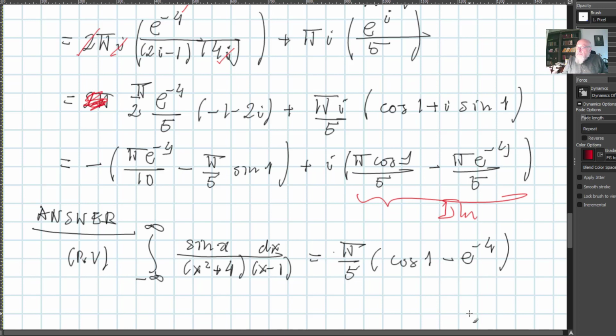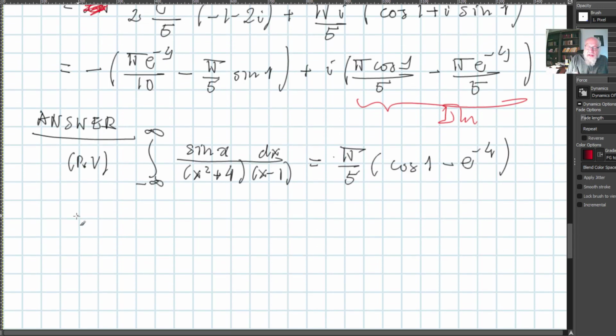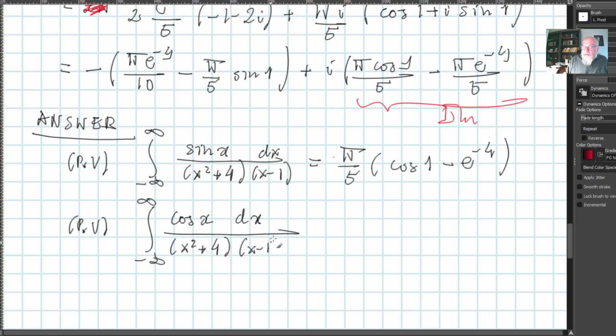Actually, we also computed the other one, so why not write the answer as well? So this will be the integral of cosine x dx over x squared plus 4x minus 1, and that will be pi over 10, maybe minus, put here minus.